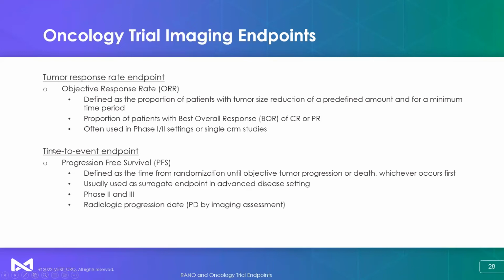And then there is the time-to-event endpoint. The most common one used is progression-free survival, which is the progression date by imaging assessment. In the case of RANO, clinical status can also contribute to a patient having a progression date.